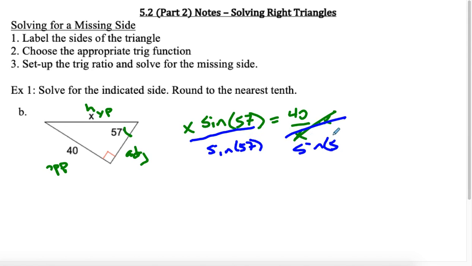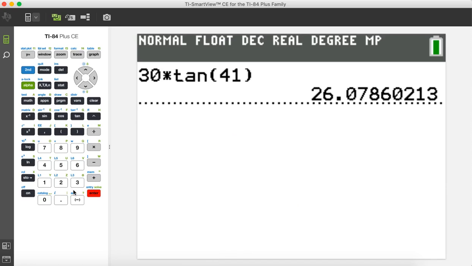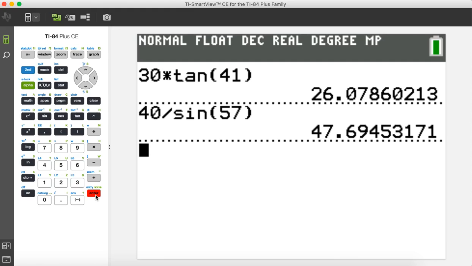So what we end up with then is that x equals 40 divided by the sine of 57. And that we can put into the calculator. And again, rounding to the nearest tenth, this would be 47.7.